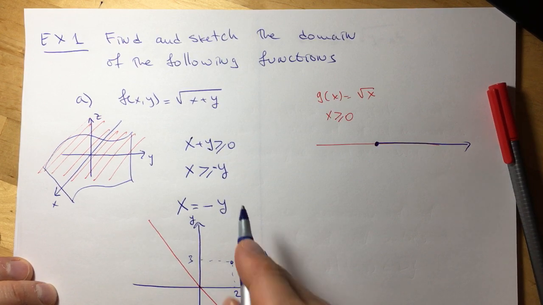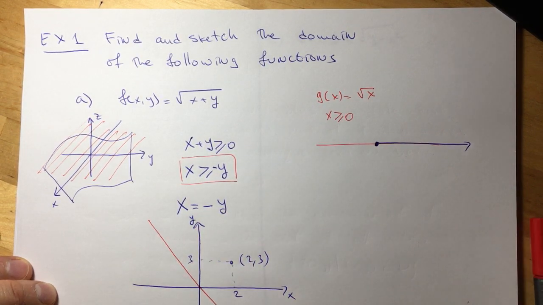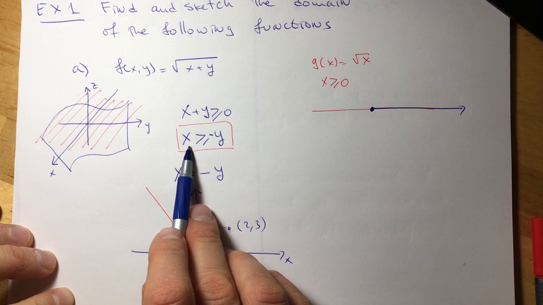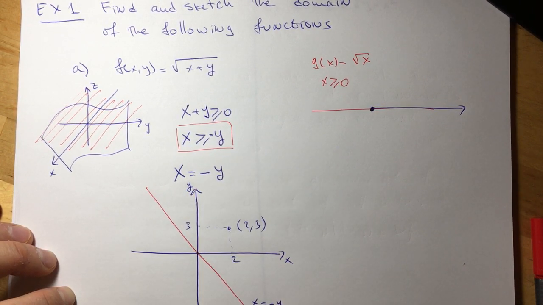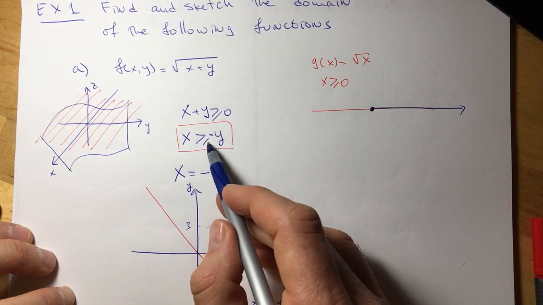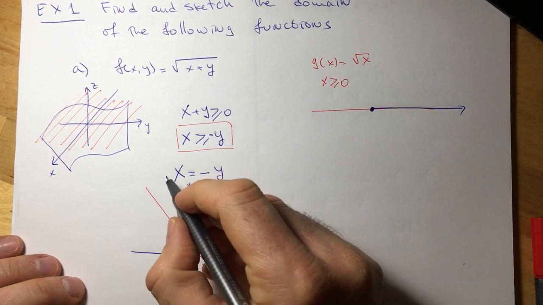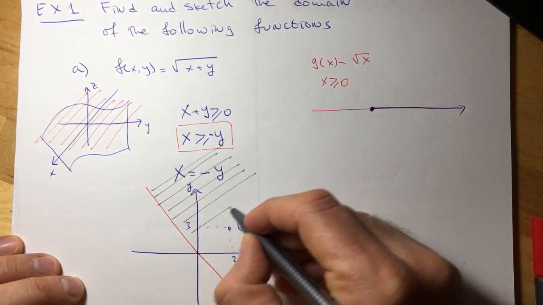Does this point satisfy this inequality? Well, x equal to 2 is greater than negative 3. So this point belongs to the domain, which means the domain of our function is all of these xy points.